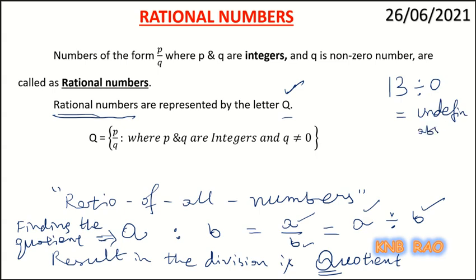In your lower class you learnt it as undefinable, or in 8th standard, when a number is divided by 0, you get a big number which is not possible to count.